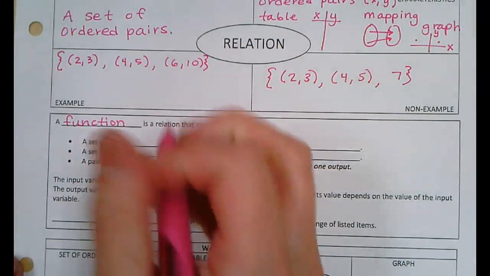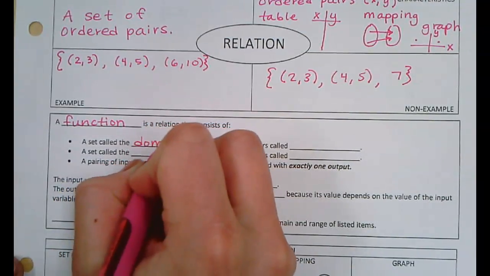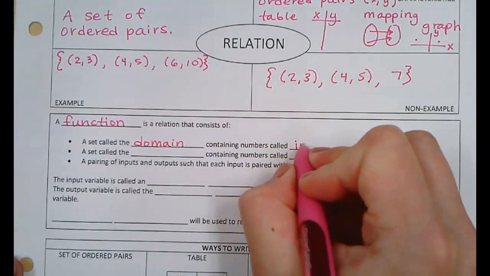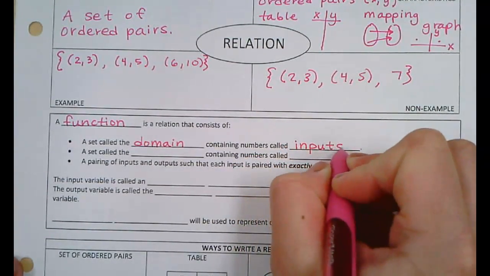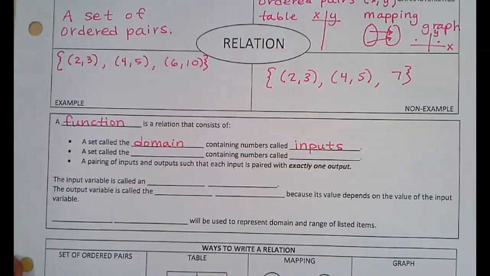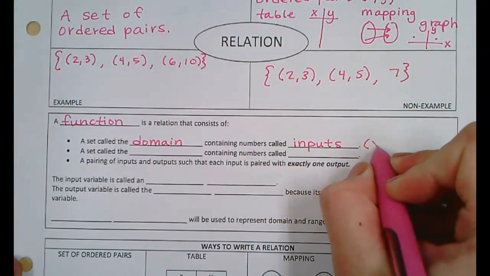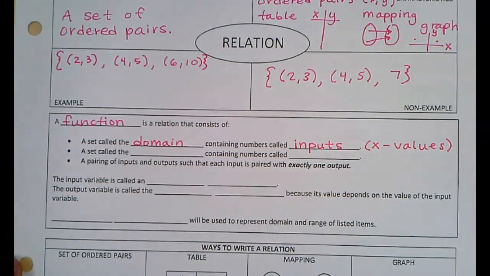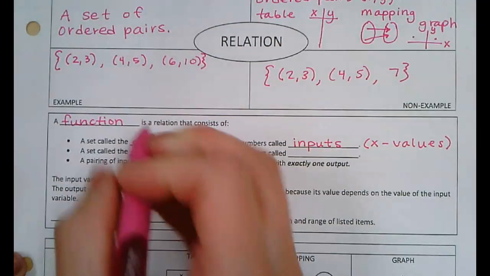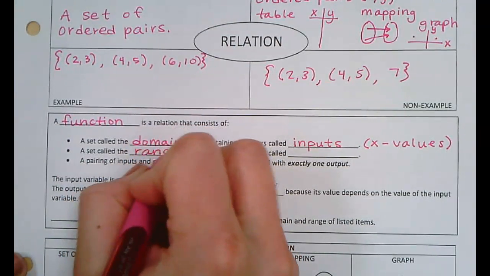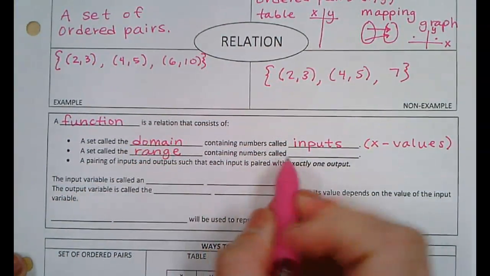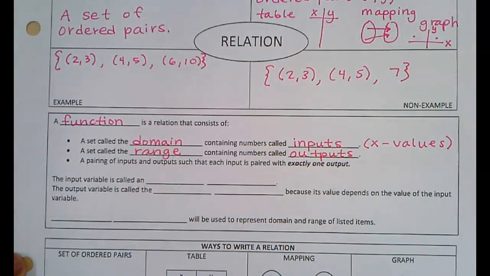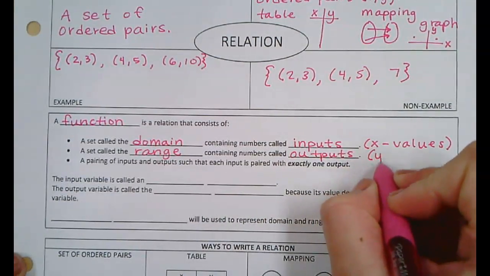We have a set called the domain, containing numbers called inputs, which all of these inputs in our domain come from the X values. They also have a set called the range. These contain numbers called outputs, which consist of our Y values.